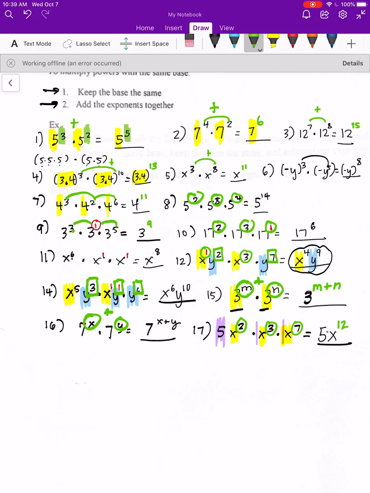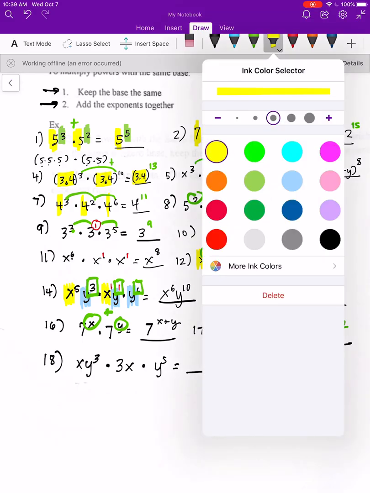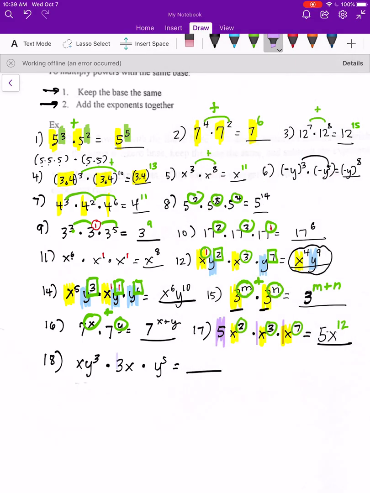So number 18. What if I have xy to the third times 3x times y to the 5th? Okay, so once again, look for that big guy. Let me pick up my purple and look at that whole number, that coefficient.